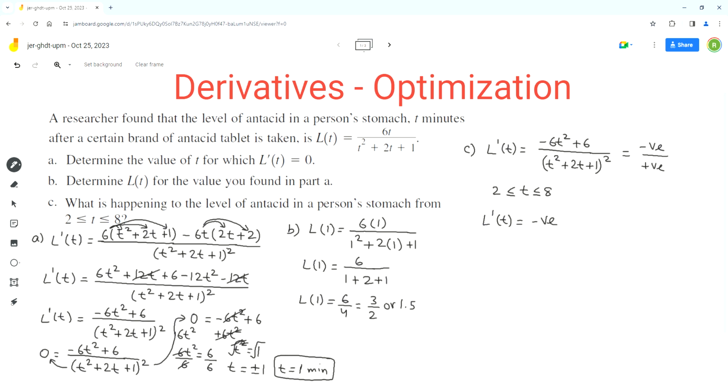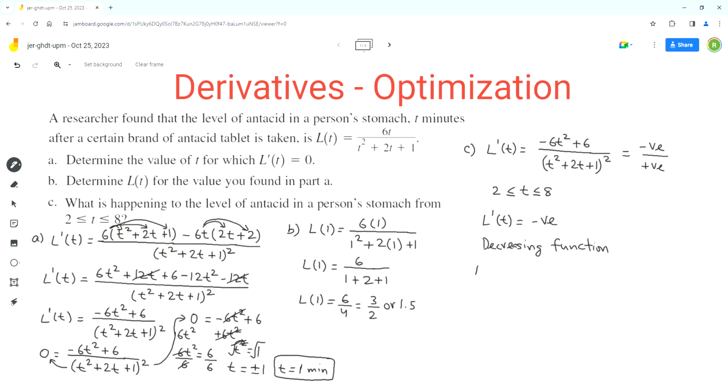So as a result, this means that the L at t function is a decreasing function in the interval. That means the value of L decreases as t increases from 2 to 8. So that should be the final answer for part C.